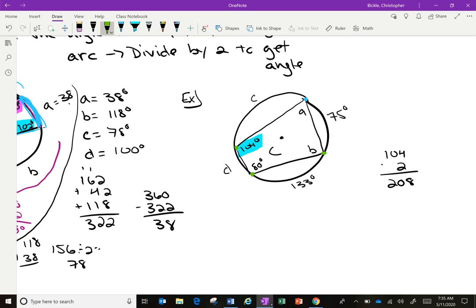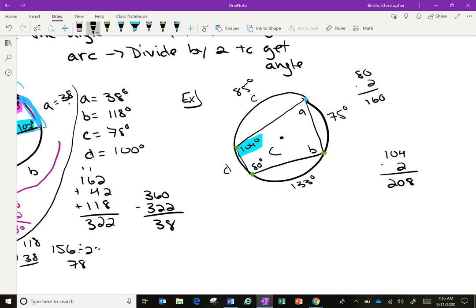So I know this arc from here to here has to be double the angle. If you take 80 and multiply it by 2, you get 160. So this whole area here is 160. Again, subtract the 75: 160 minus 75 is going to give you 85 degrees. Again, not drawn to scale, guys. So I know that this arc is bigger than this one, and they've got different measures. Don't worry about that.